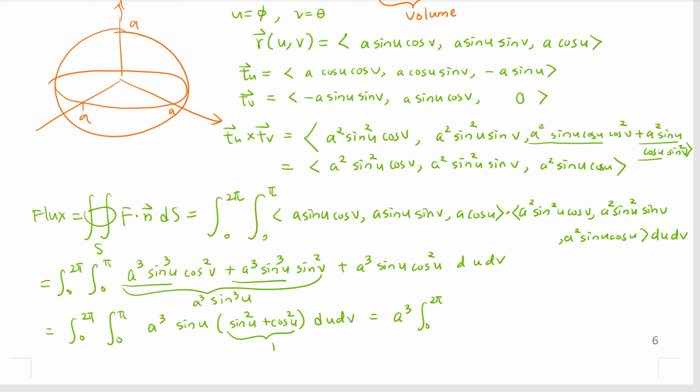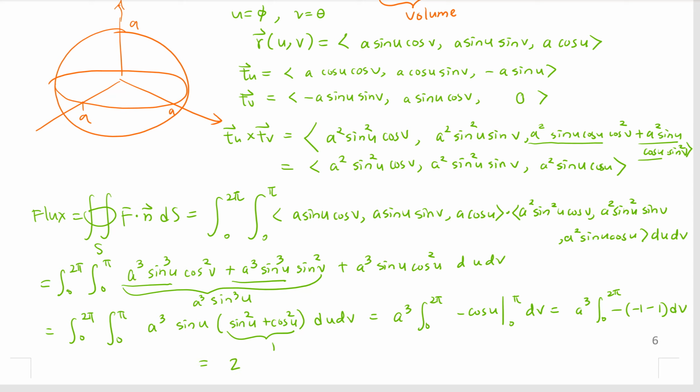Awesome. I can move out the a cubed, and then the integral of sine u is minus cosine u, u going from 0 to pi, dv. So minus cosine pi is minus negative 1, and then minus cosine 0 is minus 1, so this is 2.